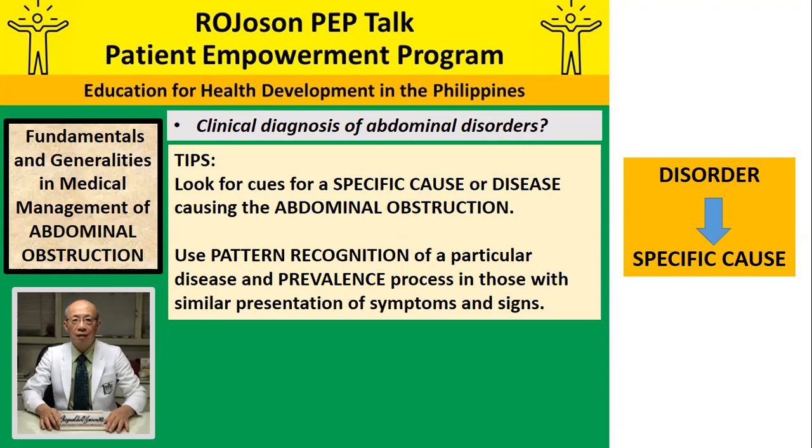So look for cues for a specific cause or disease causing the abdominal obstruction after you suspect abdominal obstruction. Then use pattern recognition of a particular disease and prevalent process in those with similar presentation of symptoms and signs.